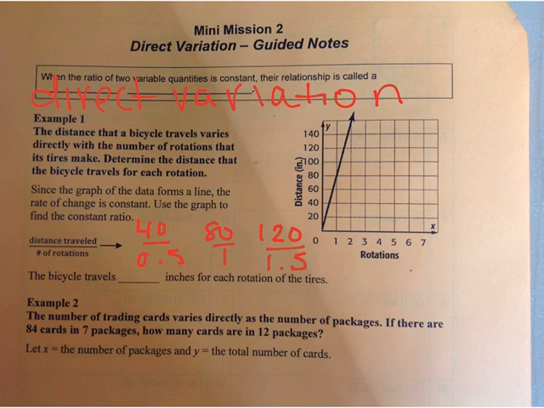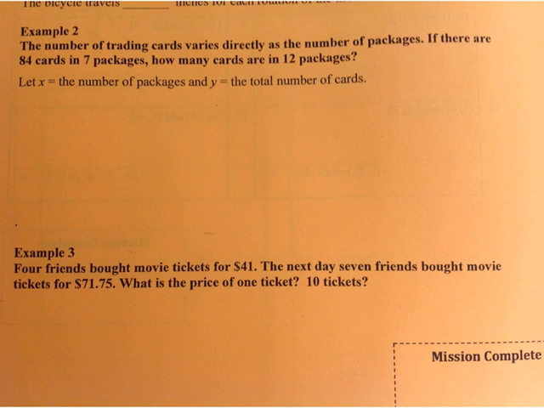We can conclude, since all of these fractions simplify to 80, the bicycle travels 80 inches for each rotation. We could also predict that after 160 inches, our bike has gone two rotations because 160 divided by 2 would be 80 over 1.